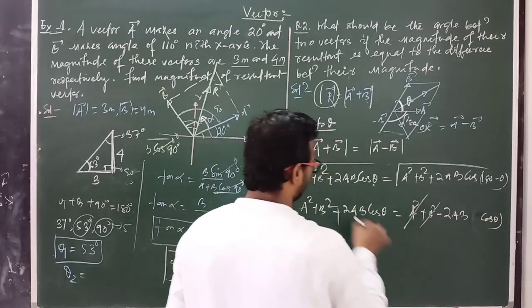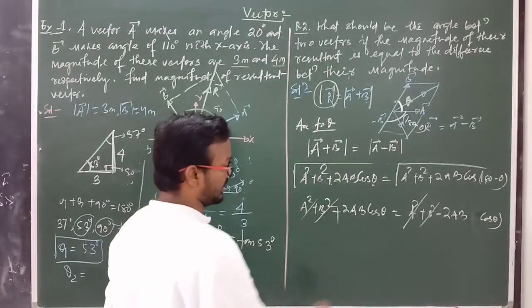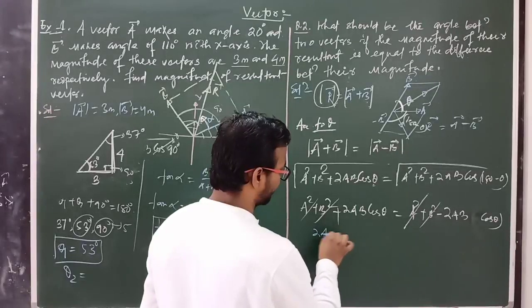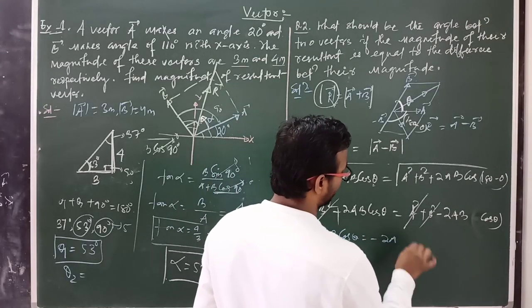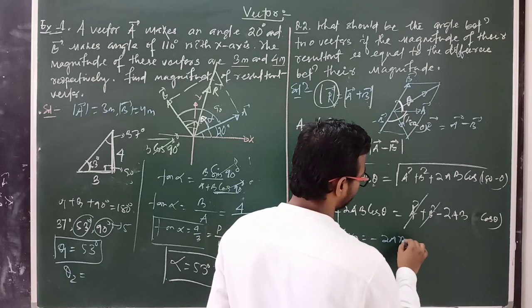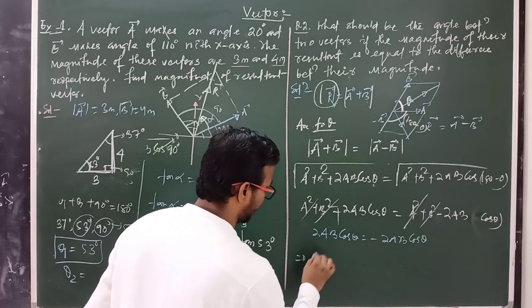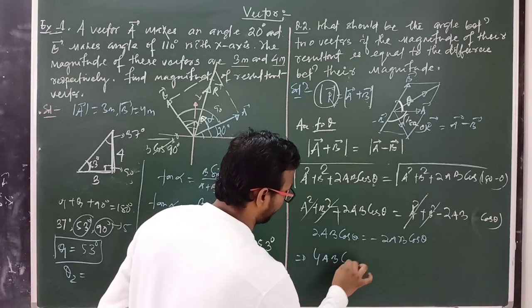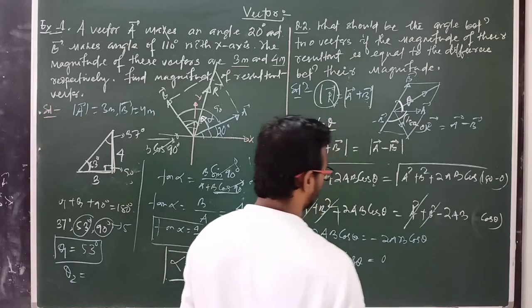So a square and b square cancel on both sides, and the remaining term is 2ab cos theta equal to minus 2ab cos theta. If you take it to this side, then 4ab cos theta equals 0, clear.